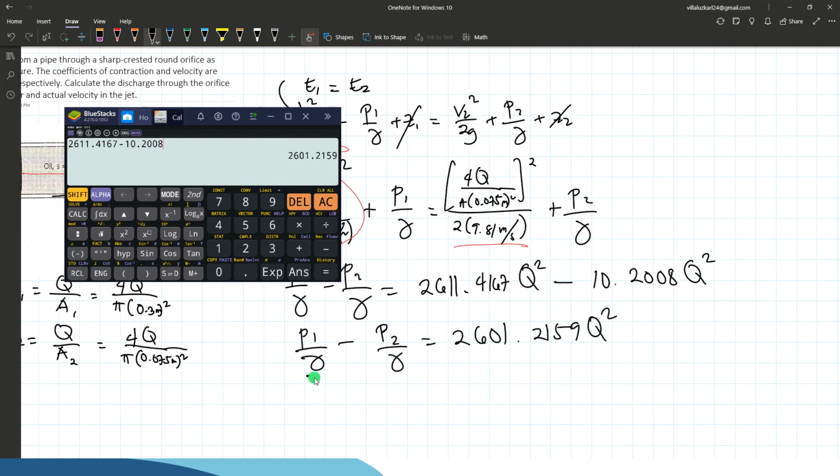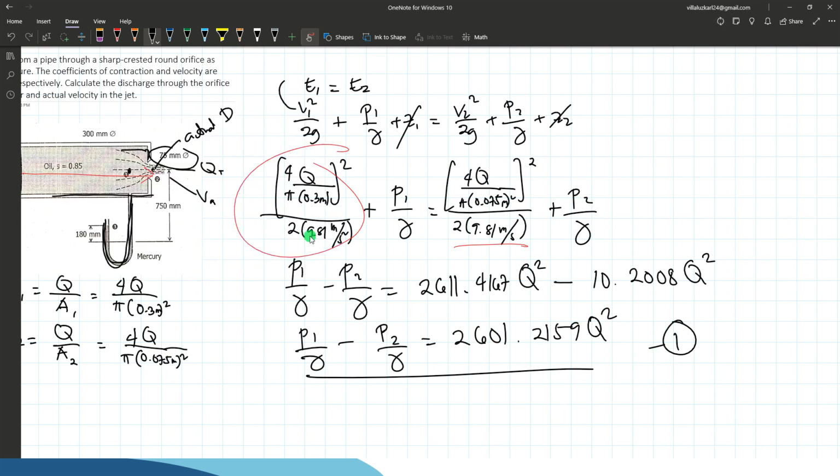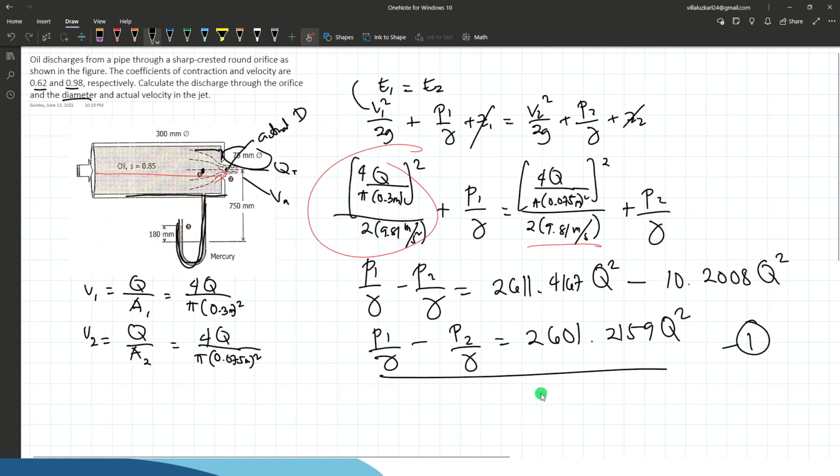2601.2159 squared. This is equation 1. For equation 2, we take the sum of pressures again from point 1, but we will end at point 3, because the tube is not connected to this orifice.